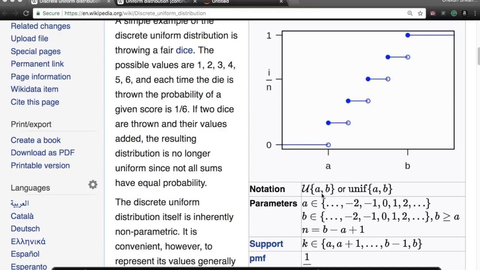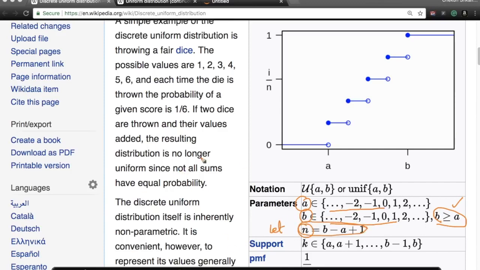There are 2 parameters, A and B. A and B are integers, and B is always greater than A. Most importantly, n is nothing but B minus A plus 1.